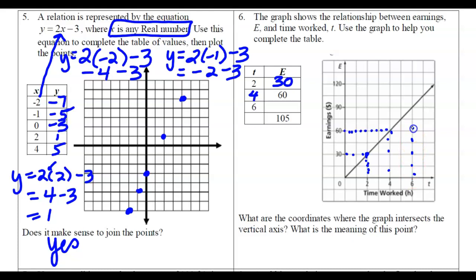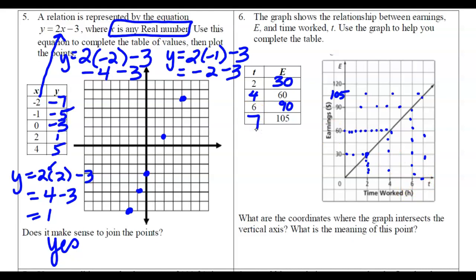For 6, we go up and across. That's 90. And then 105. Well, look at the scale because I don't see a marking for 105, right? So these are 30 apart, so it's 15 for every grid marking. So this would be 105 there. So we go across and down, and so that would be 7 hours.